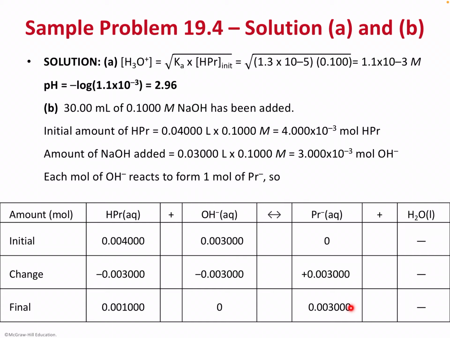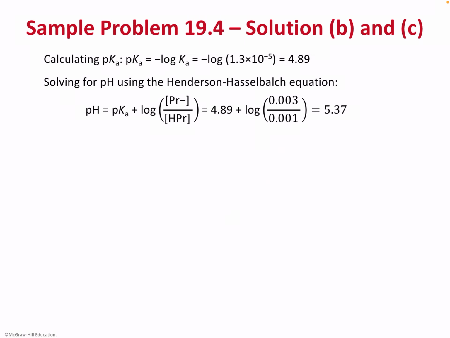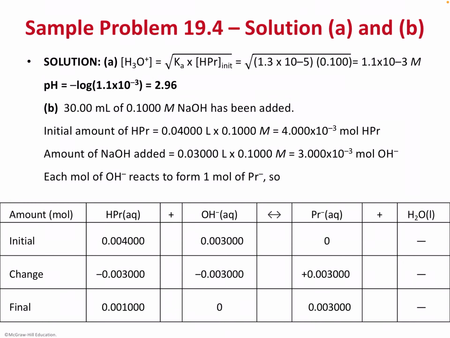Now we know the equilibrium amount of propionic acid as well as propionate. So to calculate the pKa, because we were given the Ka, pKa would be negative log of Ka, and we can use that information in the Henderson-Hasselbalch equation. pH equals pKa plus log of base concentration over acid concentration at the equilibrium position, equilibrium concentration, sorry.